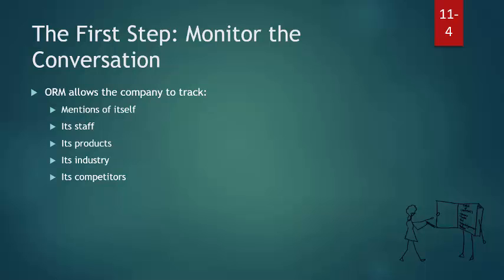So when you're doing the searches, you don't want to just do a search for a certain product. You want to do a search for all of these things. Maybe you've got an employee that's talking bad about your company, and you'll need to take actions in order to stop those threats. So you would find that out about staff.